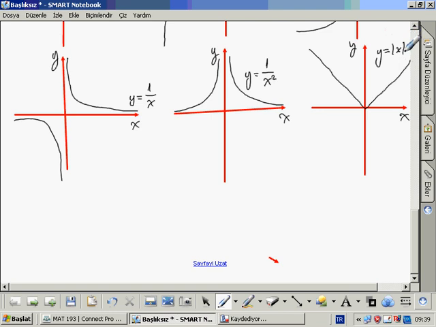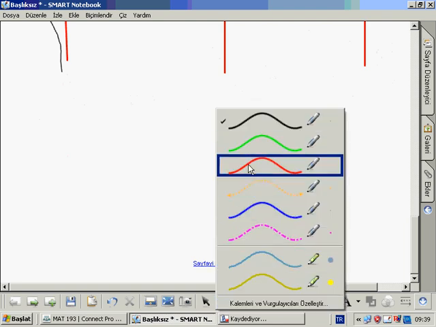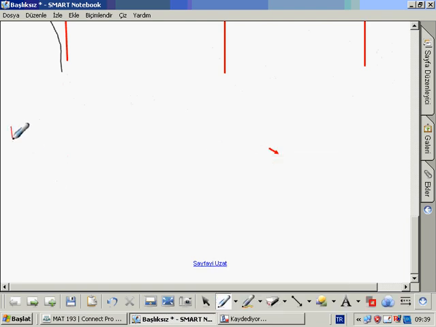And you can see more graphs at page 27 in your book. Okay. And let me continue with some examples.